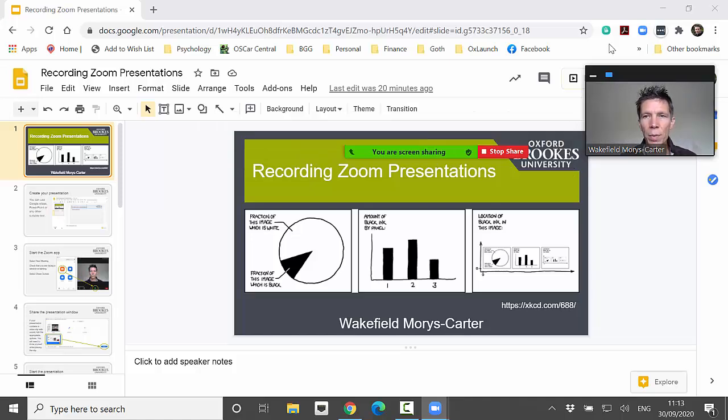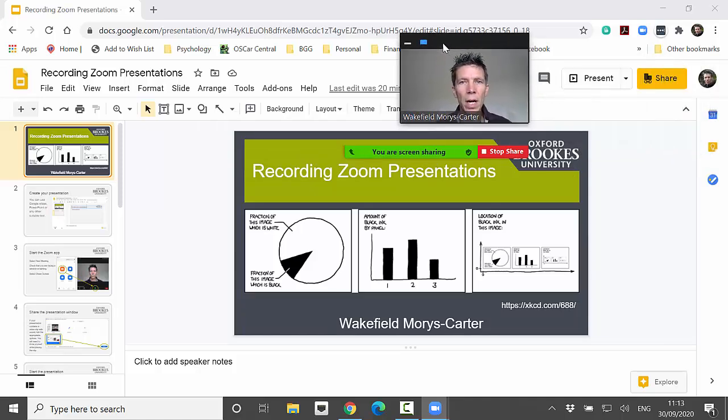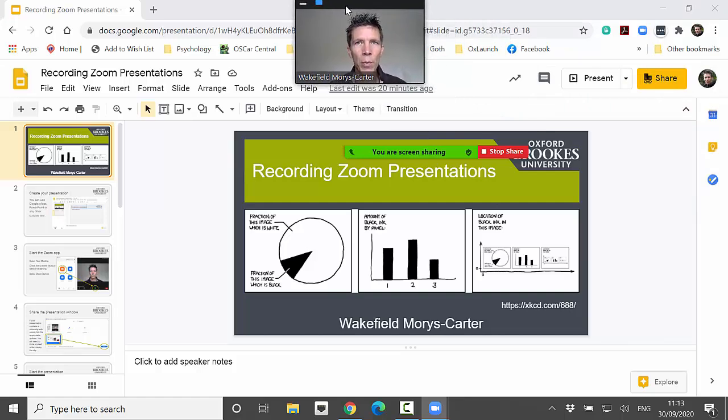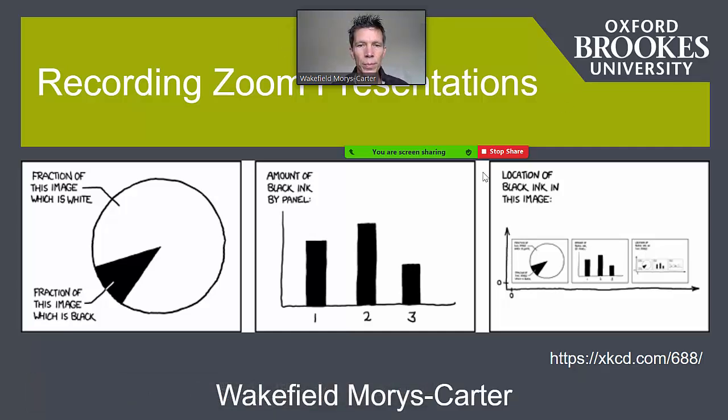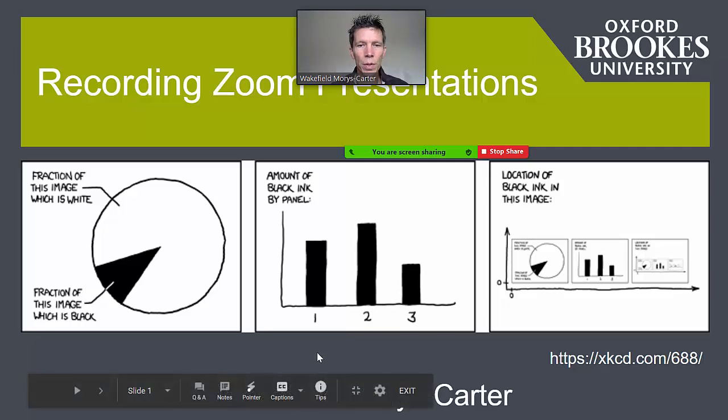Next, I'm going to start the presentation, but I'm going to move my image to near where my webcam is, and then click present. And now we're ready to go. So we need to start recording.